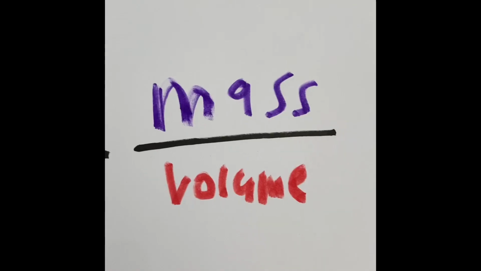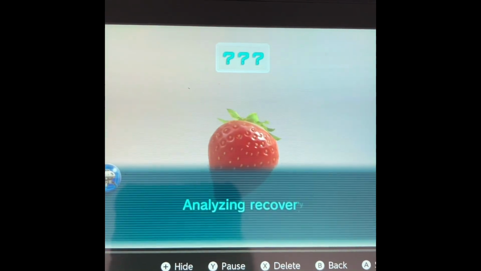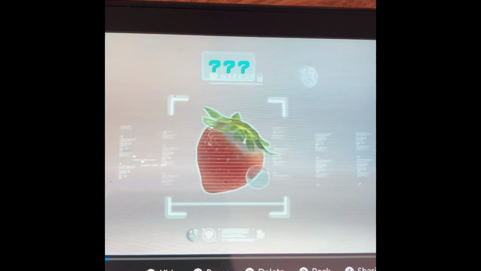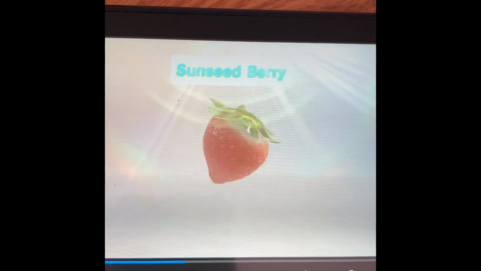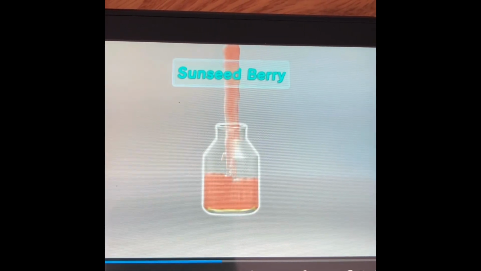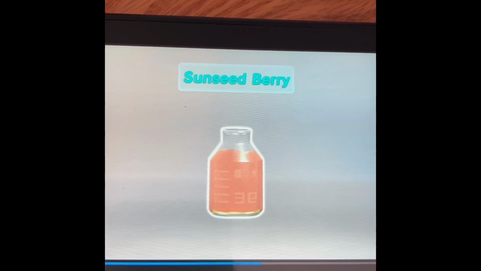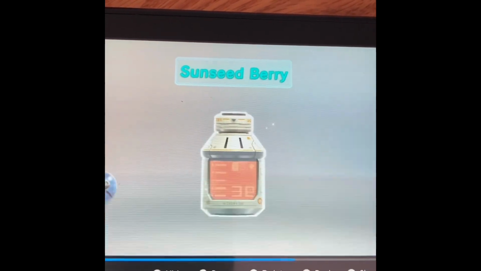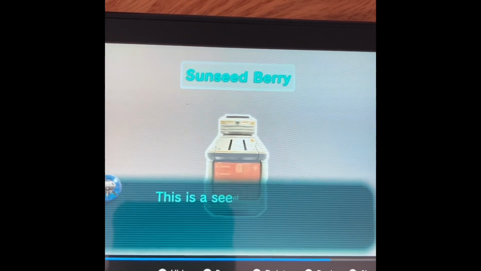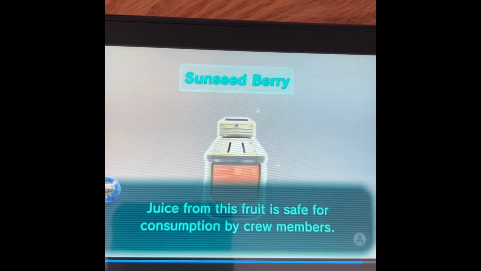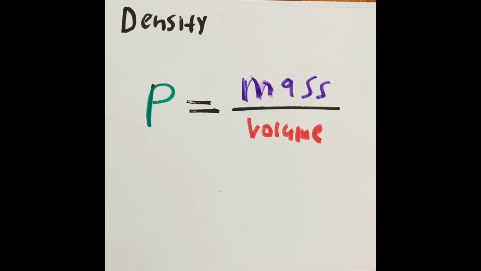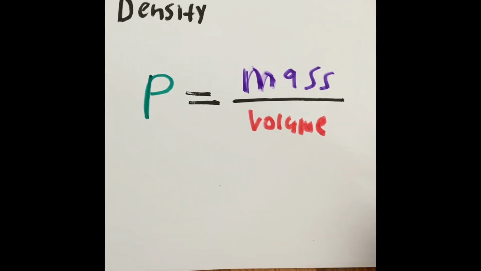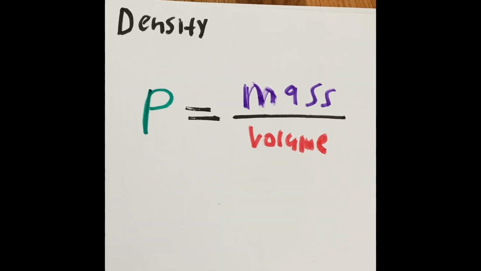Did you see that? And this is the volume. So we are going to use an example of when we would use this.